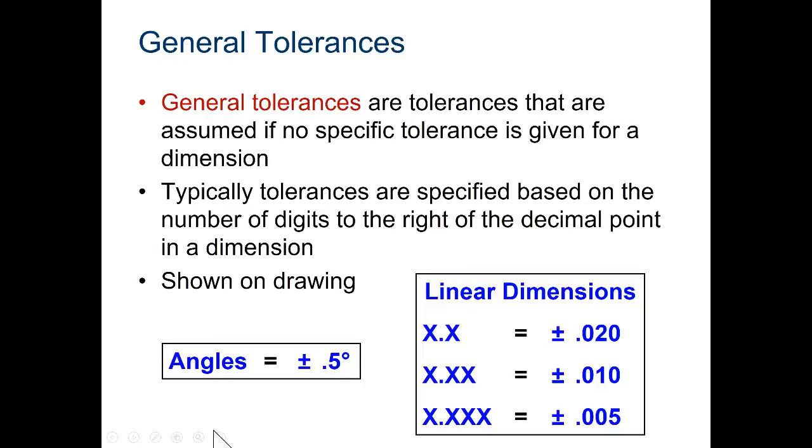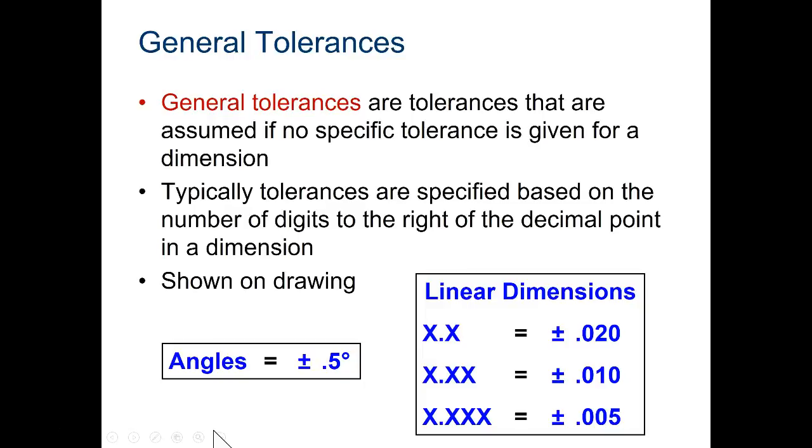One of the things we can do to save time is have general tolerances specified for a drawing. If you look at the bottom right, it says linear dimensions. If it is a number with a single decimal place, it has a bilateral tolerance of plus or minus 0.02. If we have two decimal places, we're allowing plus or minus 0.01.